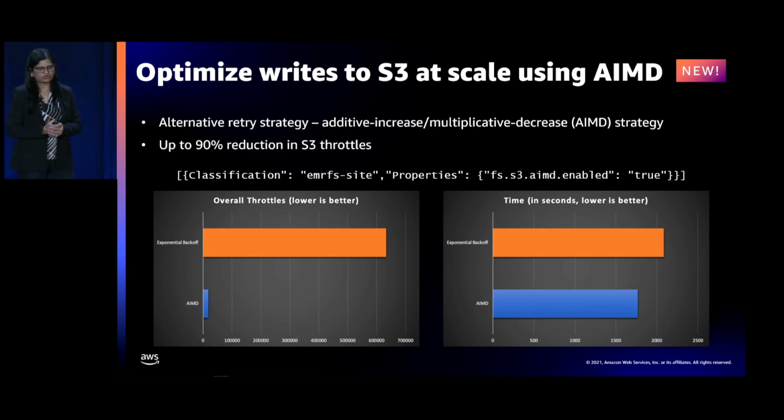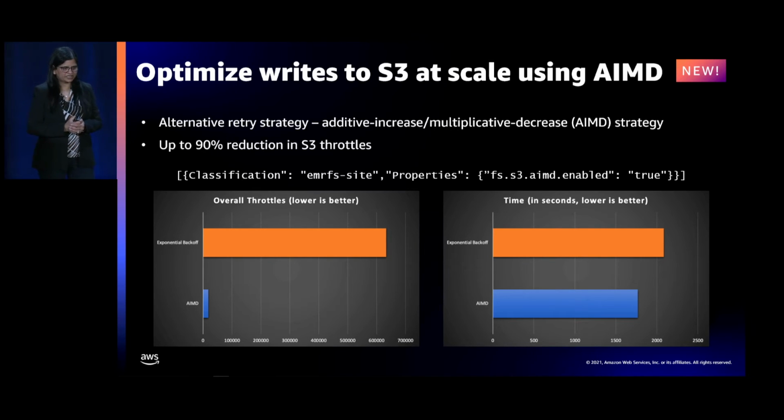But how do we ensure that your immediate job does not fail? To do that, EMR came up with this retry strategy. On the EMRFS side, which is our native S3 connector, we have introduced a new feature this year called the AIMD strategy.